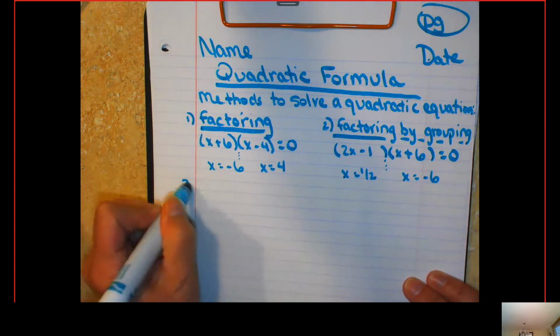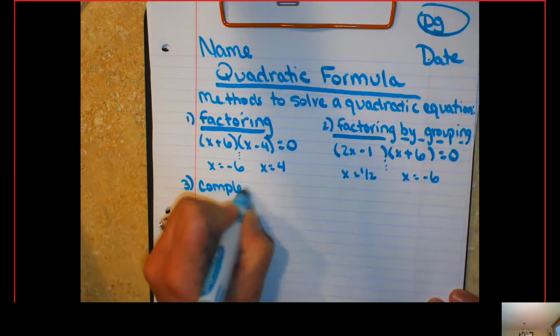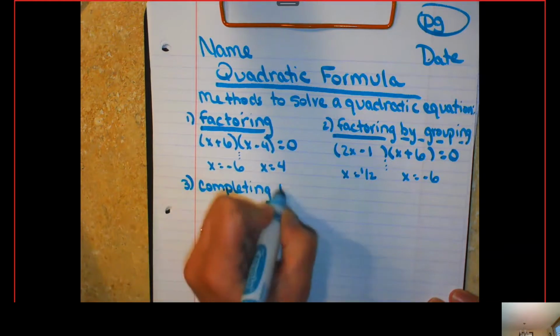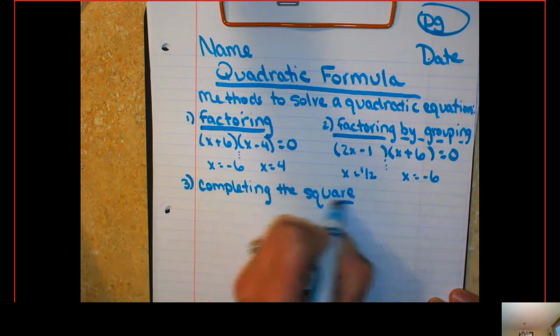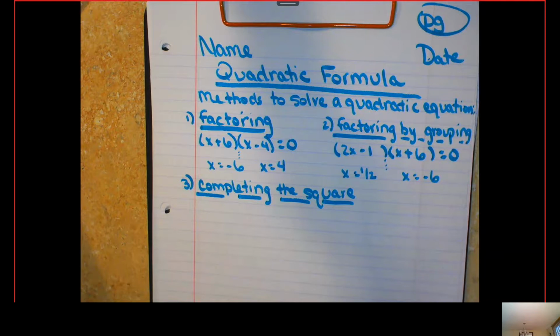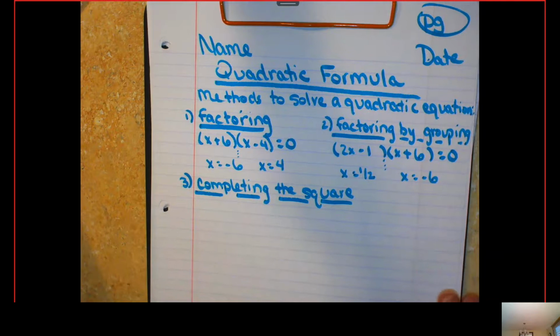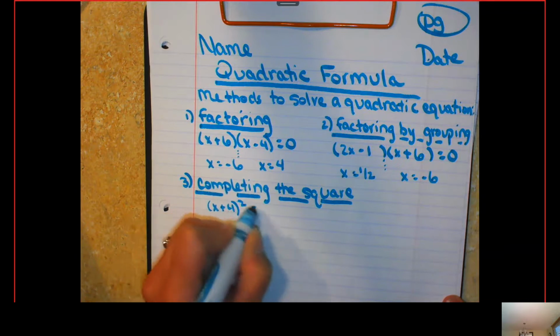The third way that we learned was completing the square. That ties into today's lesson, completing the square. And that's where we did those 4 steps: finding half of b, squaring it, adding, subtracting. So we would get the equation to eventually look like this. We'd have x plus 4, 5.